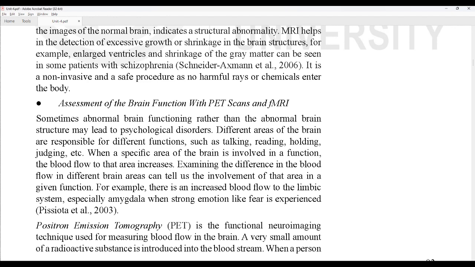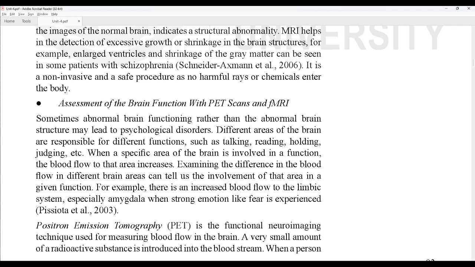Sometimes abnormal brain functioning rather than abnormal brain structure may lead to psychological disorders. Different areas of the brain are responsible for different functions, such as talking, reading, holding, judging, etc. When a specific area of the brain is involved in a function, the blood flow to that area increases.